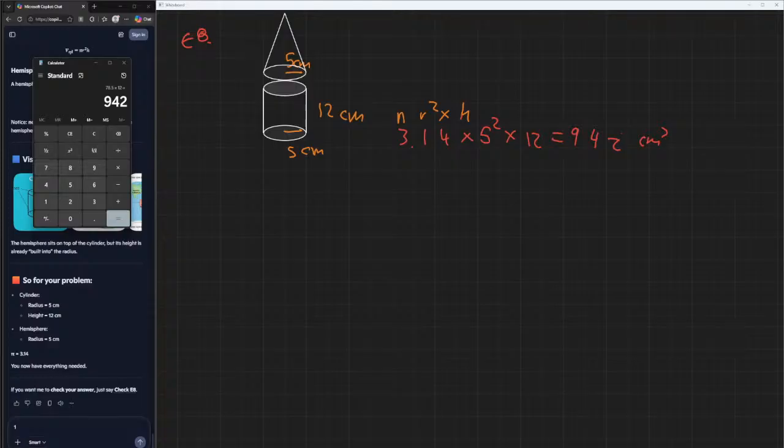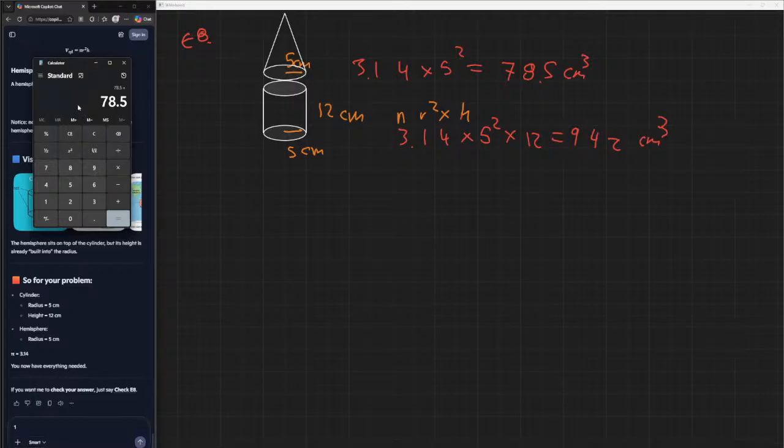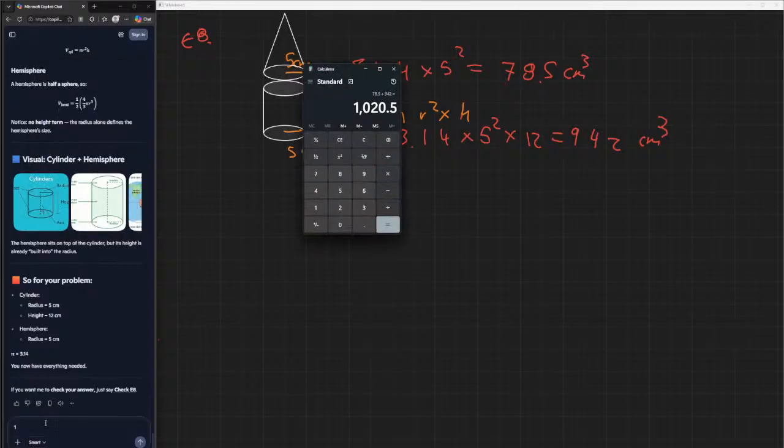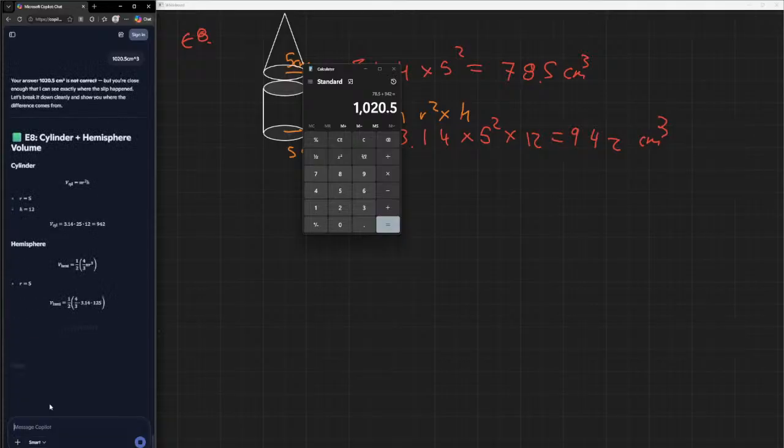So 3.14 times 5 squared, which is 25, so 3.14 times 25 is 78.5. So plus 942.